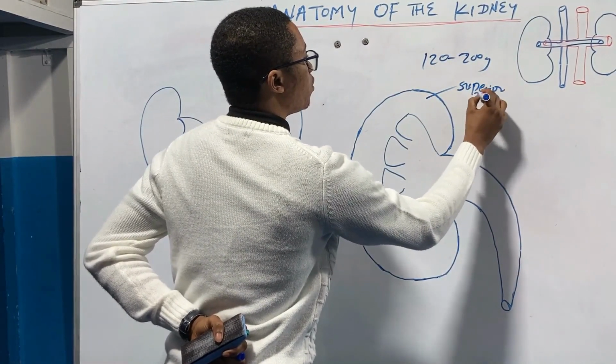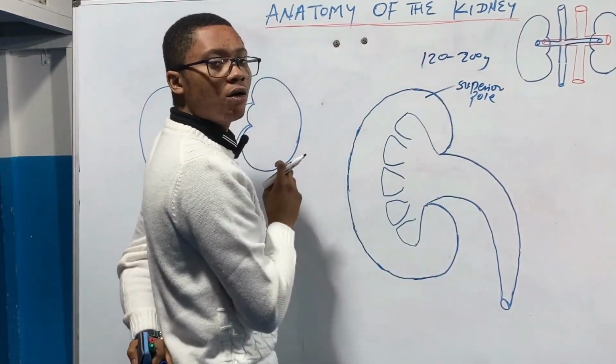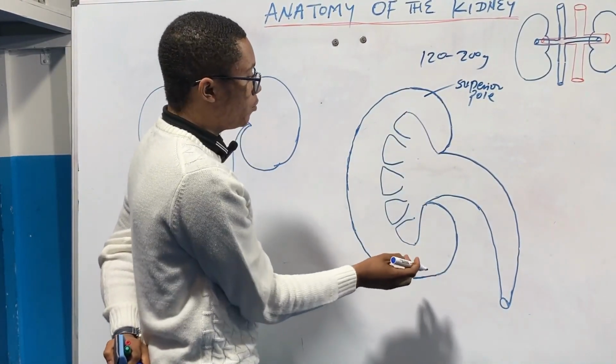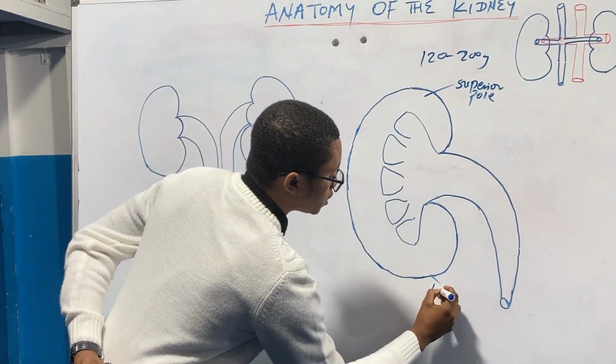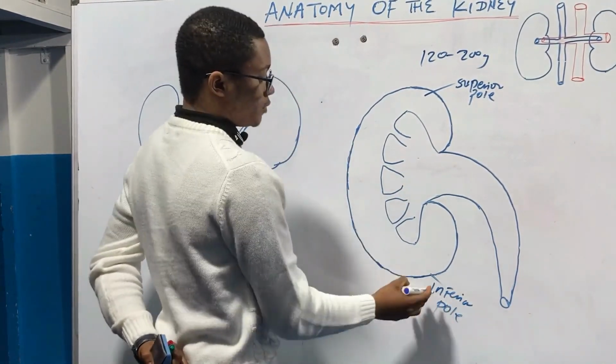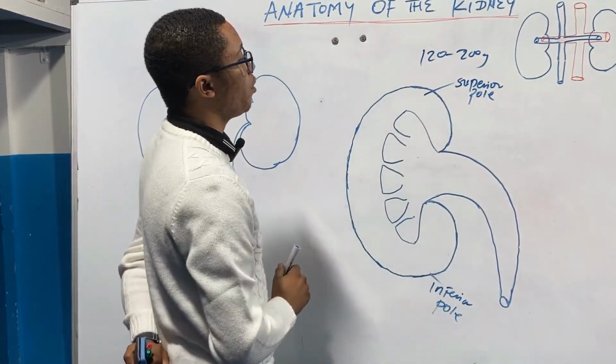The superior pole is directed superiomedially, and it is thin compared to the inferior pole. The inferior pole lies here, and it is very thick. The inferior pole of the kidney is thicker than the superior pole.